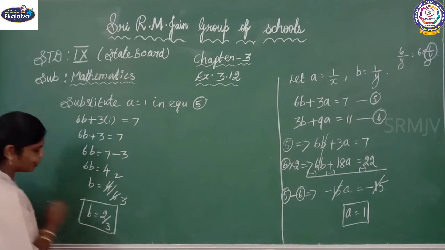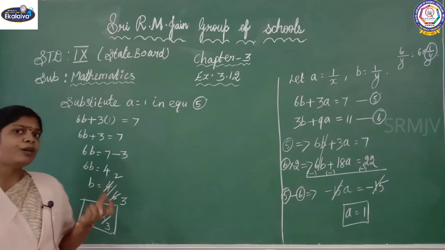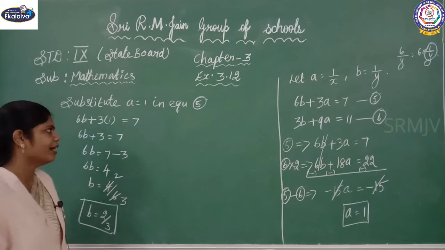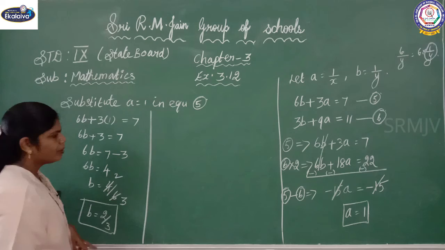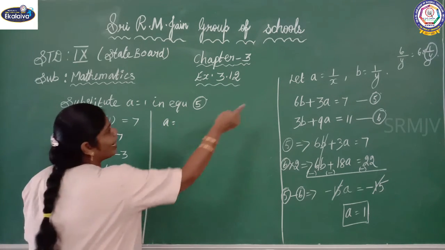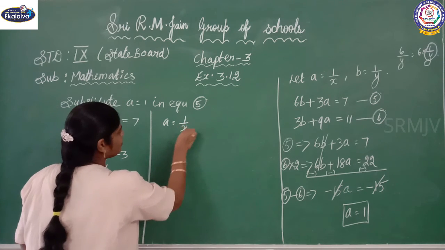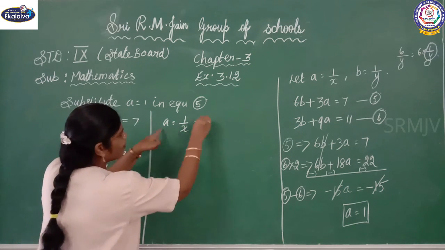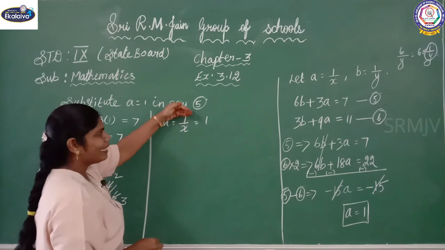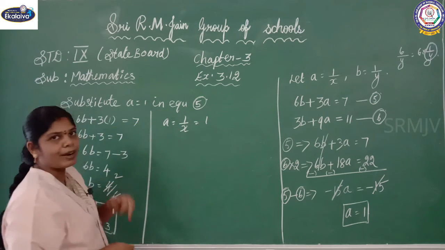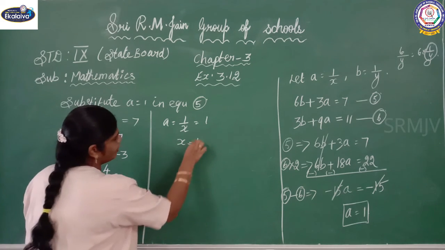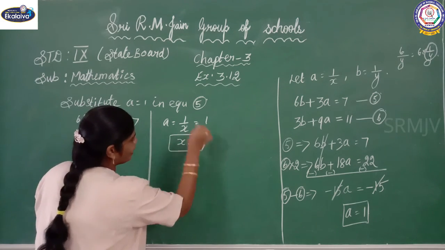But the given question is in terms of x and y. So we should give the answer in terms of x and y. So a equal to, what did we consider, children? a equal to 1 by x. So what is the value of a? 1. So 1 by x equal to 1. Let us take the reciprocal. The reciprocal of 1 by x is x. The reciprocal of 1 is 1 only. So x equal to 1.